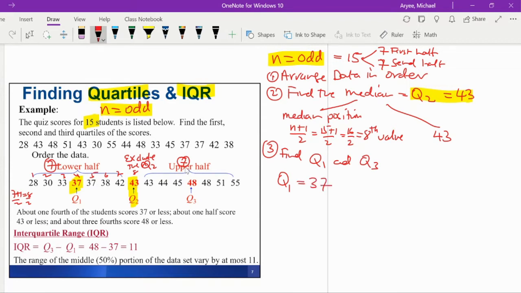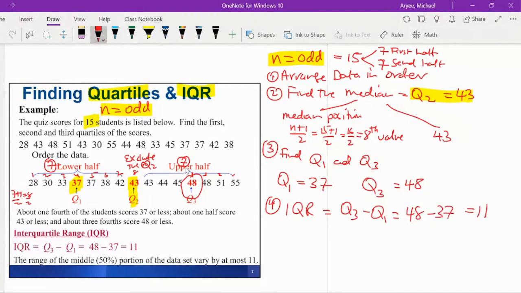So Q1 is 37, and then Q3 we can also count 1, 2, 3, 4 here. So Q3 is 48. Therefore, your interquartile range will be Q3 minus Q1, which is 48 minus 37, and that gives you 11.